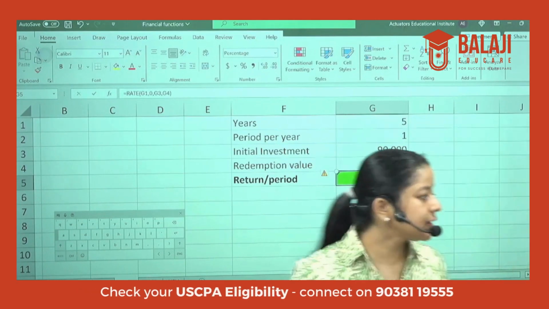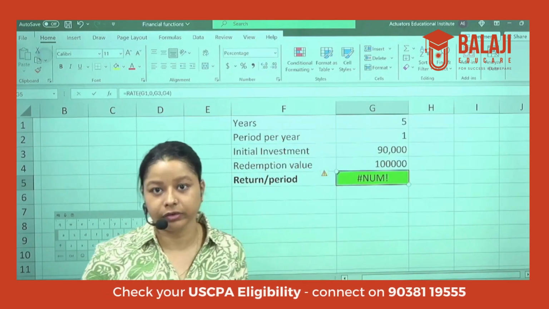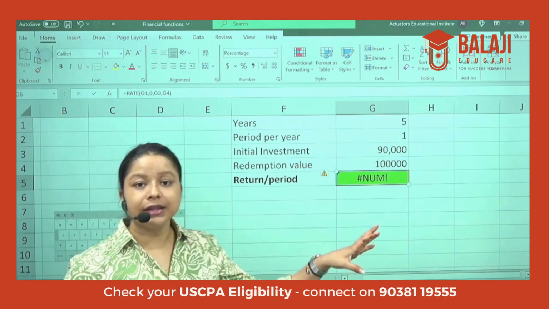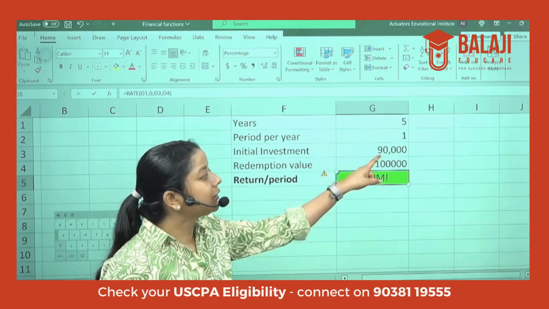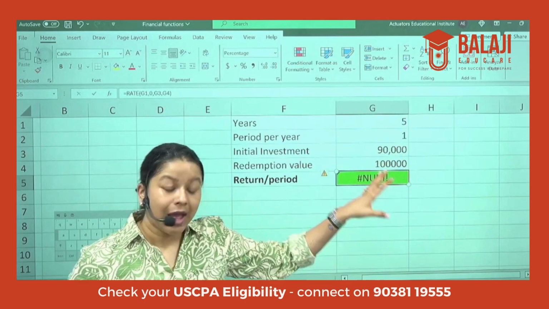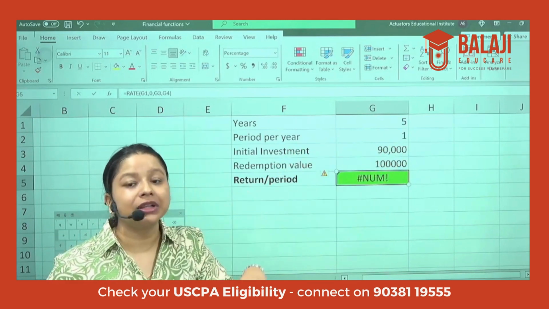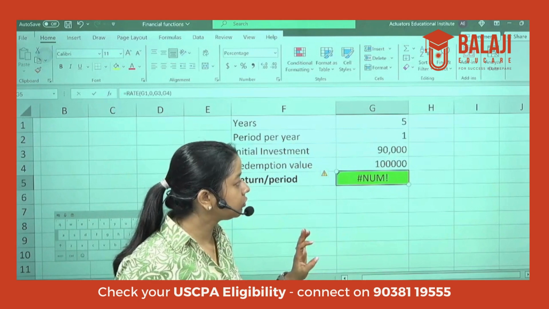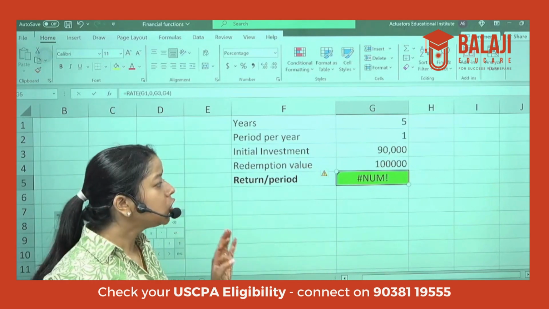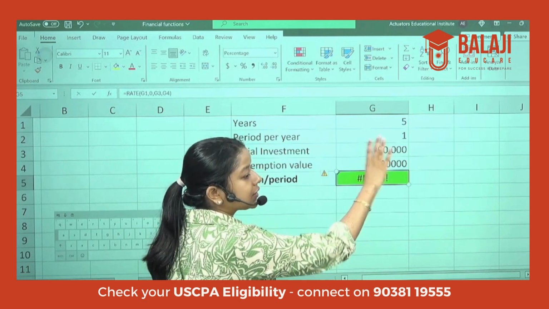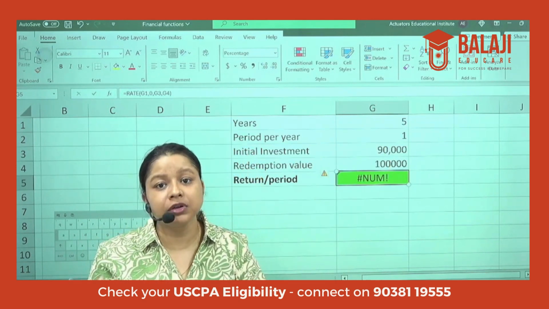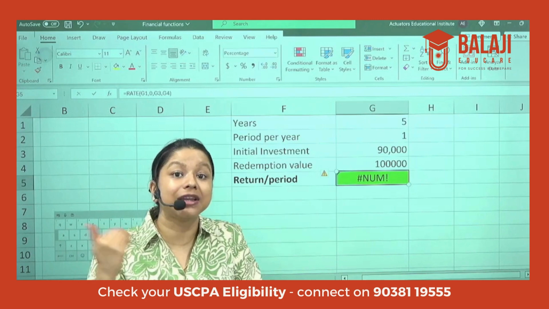Here we are getting a num error. Why are we getting this num error? Let's understand. I said that we are making an initial investment of 90,000, and after 5 years we'll be receiving 1 lakh. Excel recognizes both these transactions as positive figures, meaning these are all considered inflows.